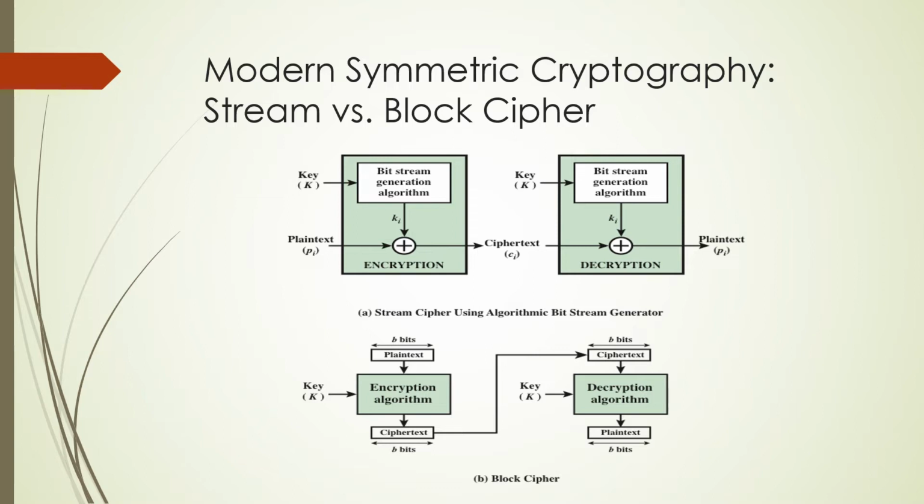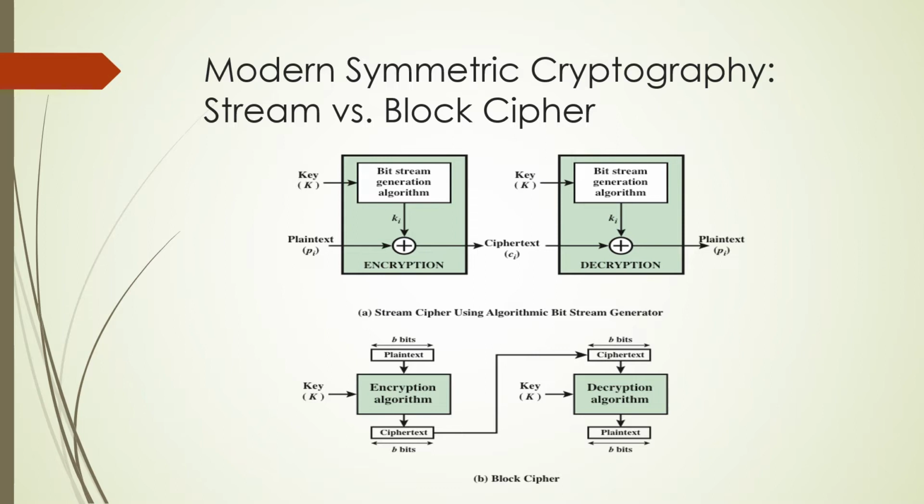But I just wanted to say that it is possible to have a stream cipher, which basically uses some algorithmic bit stream generator to convert a stream of zeros and ones in plain text to a stream of zeros and ones in ciphertext. That's the encryption part, and in the decryption part, we do the opposite task, which means every bit of ciphertext will be converted to a bit in the plain text.